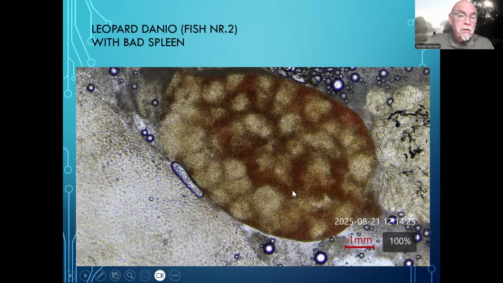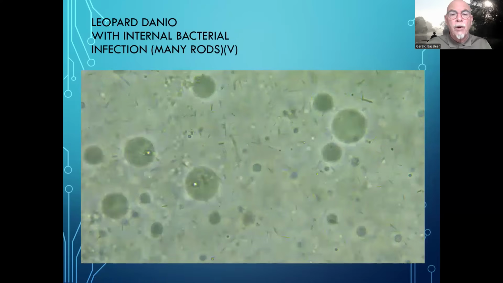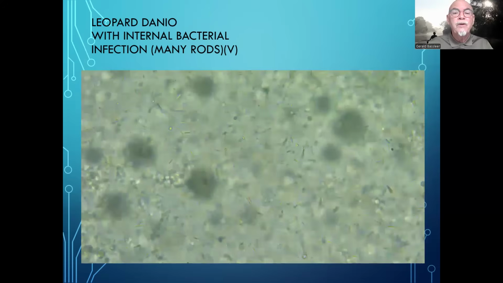Might be possible a viral infection, but I wasn't sure because only a laboratory can determine that for me, and we are not able to send it to a laboratory in many cases. But still, we found a lot of bacteria. Look at the bacteria, there are many rods, the many little pointed ball movements.